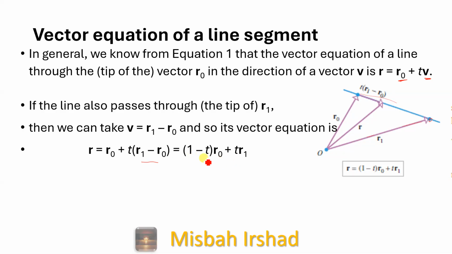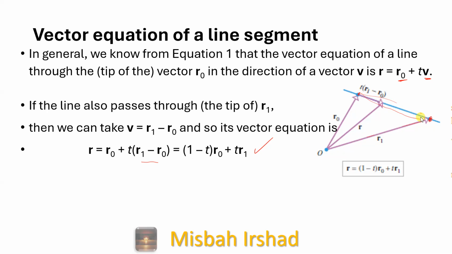We can simplify this to the expression (1 minus t) times r0 plus t times r1. For values of t between 0 and 1, this gives us the points on the line within these two endpoints.